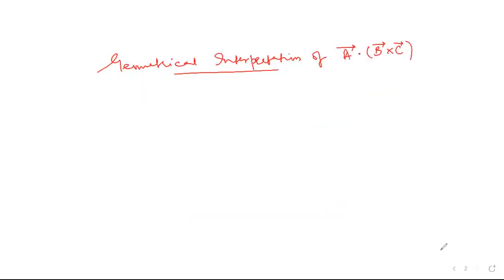So let us discuss it. I will draw a figure, then I will tell you what the interpretation is.